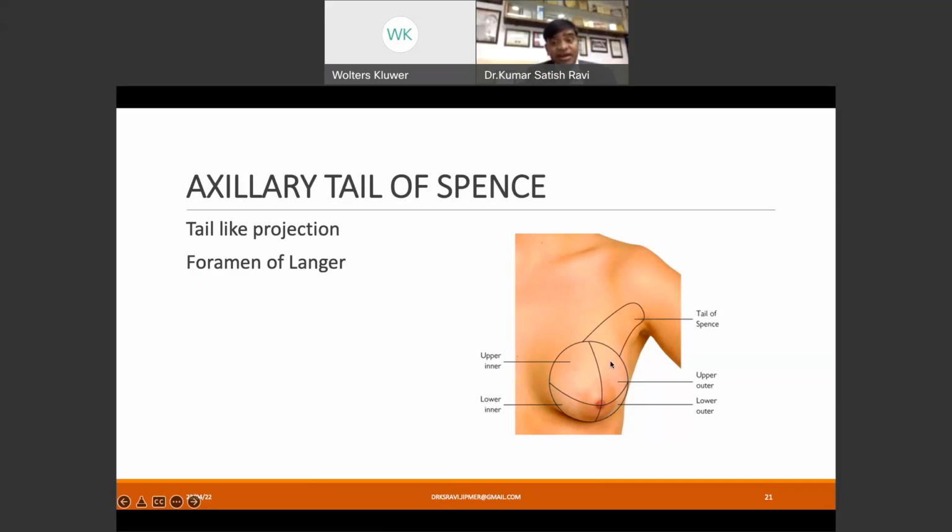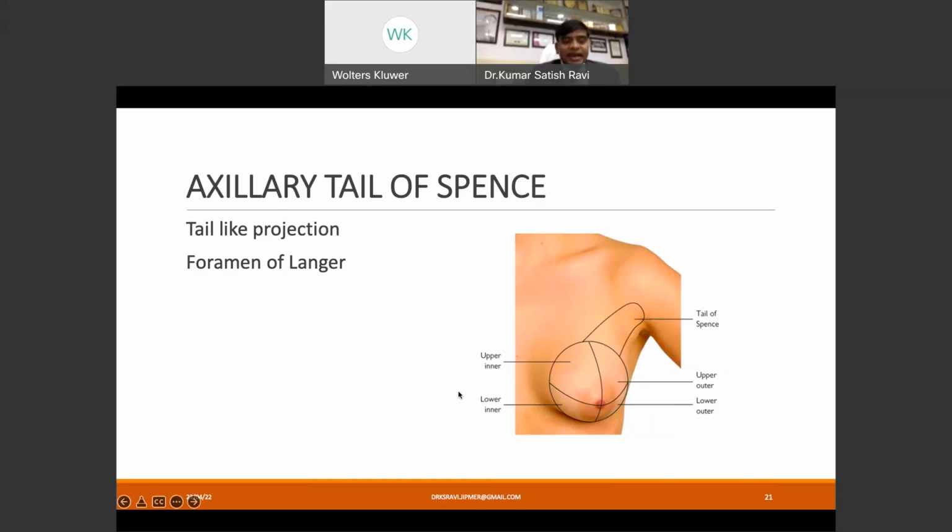The breast has been divided into four quadrants, and this tail extends from the outer and upper quadrant of the breast and enters into the axilla through an opening in the axillary fascia, and that opening we call the foramen of Langer. This is called the axillary tail of Spence, and it is a frequent site of carcinoma of the breast.